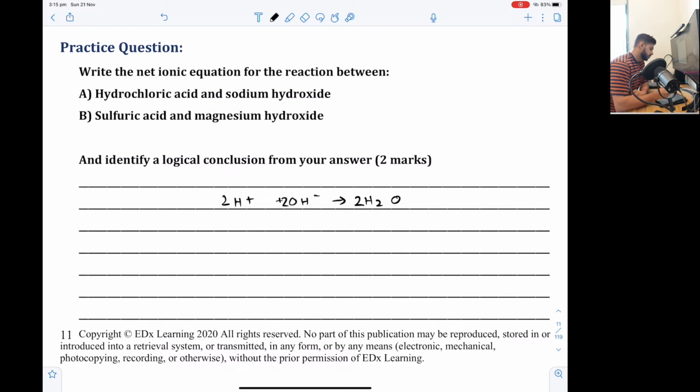We can simplify it. Good. So what are the net ionic equations? They're the exact same. Do you agree? Yeah. So if the net ionic equation is the exact same, is there any conclusion we can make from this? All neutralizations have the same net ionic equation.